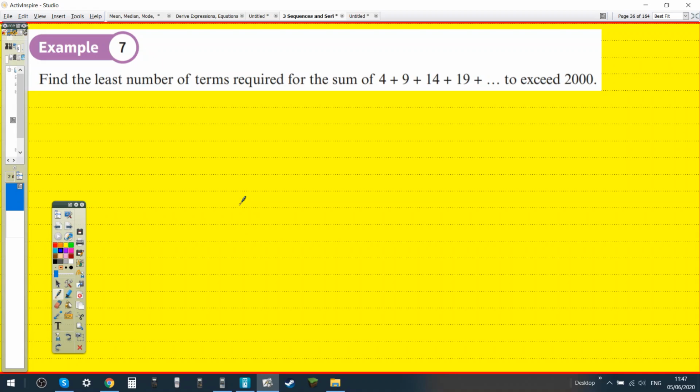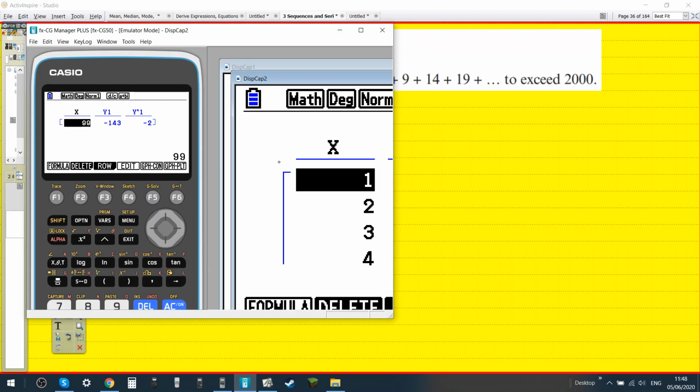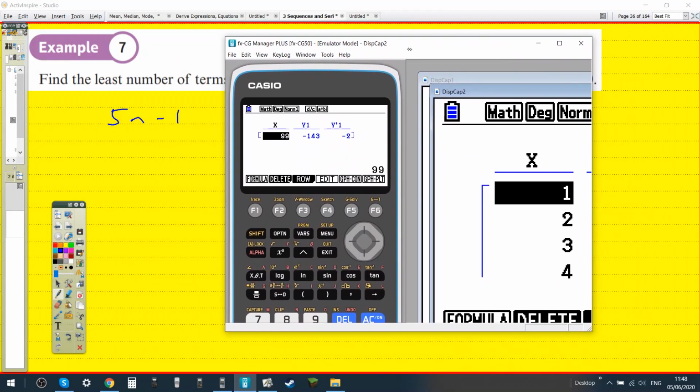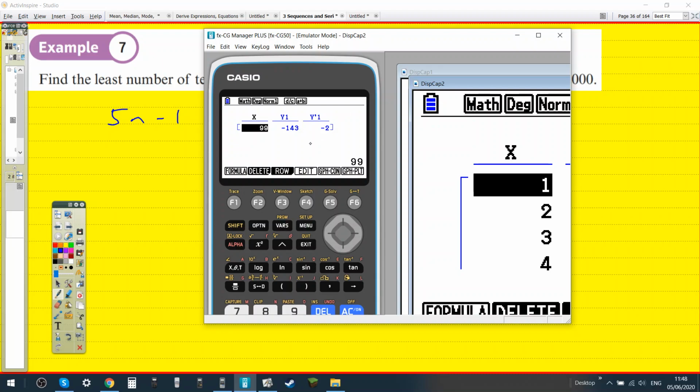Is this where I can put this into my calculator? How would you go about it? Would you put in 5n minus 1? I want to disagree with you, but this is what the video did.